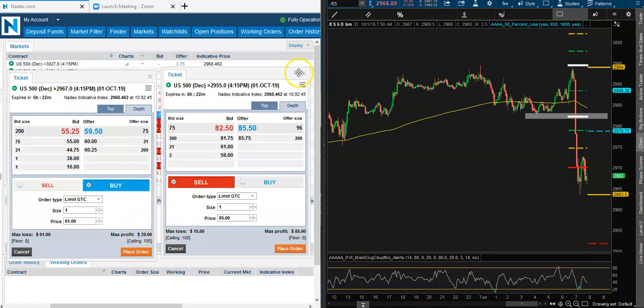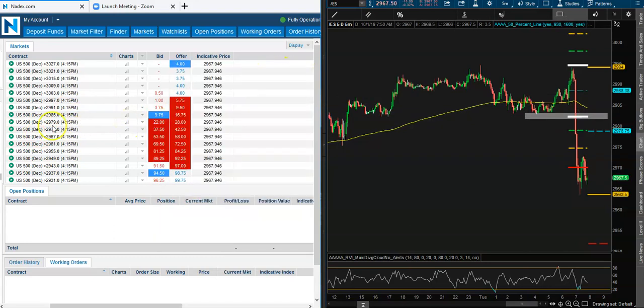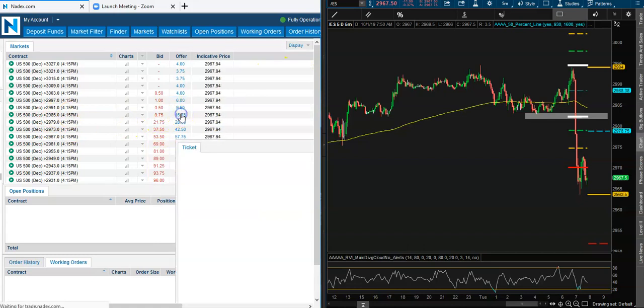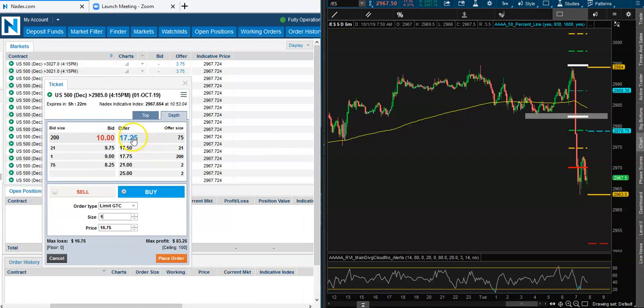Yeah. Okay? Or we could come over here and say, hey, I think we're getting back up to that 83 level. Mm-hmm. So maybe let's look at the 85. I could buy that for $16. Right? Mm-hmm. I could buy it for 16. Hey, if we get that big bounce, it's worth it, right?